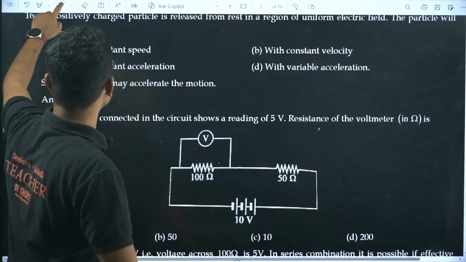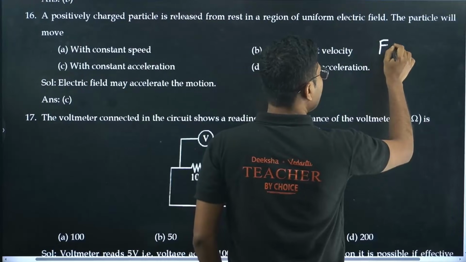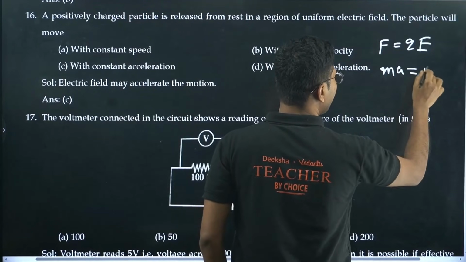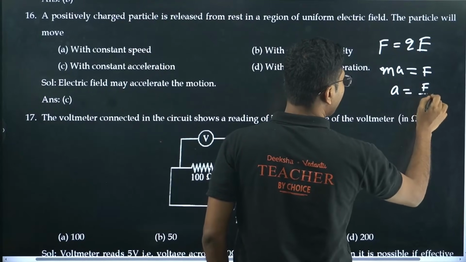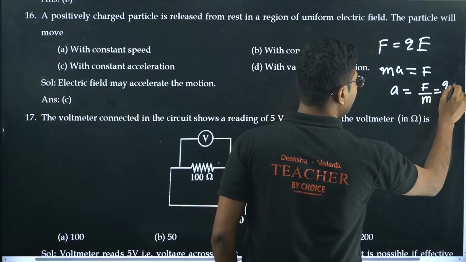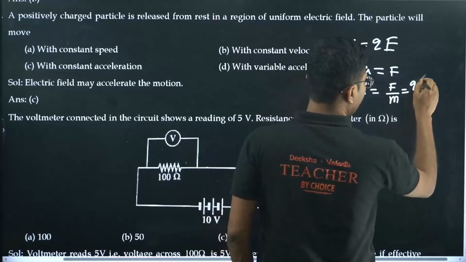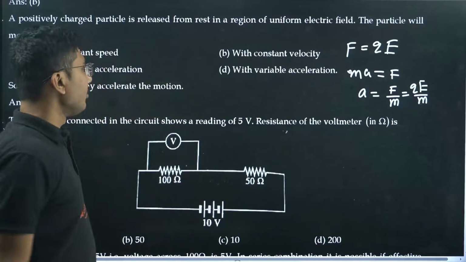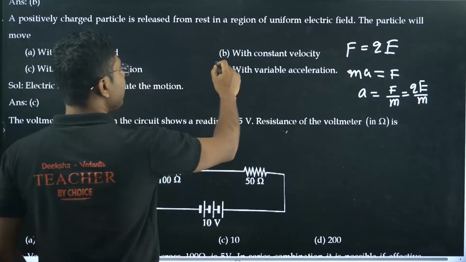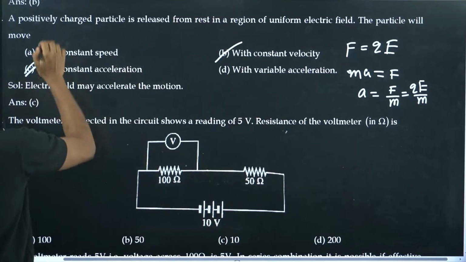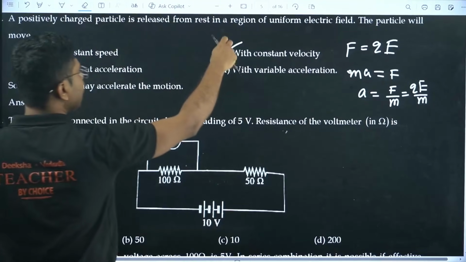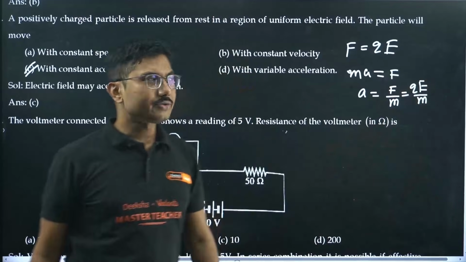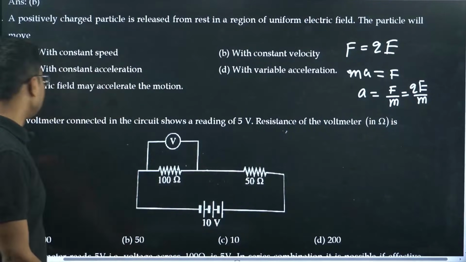Because a charged particle experiences a force F given by Q into E. So M into A equals F, and A is equal to F by M, or Q into E by M. So the charged particle will accelerate. It will move with a constant acceleration, not variable, because the electric field is uniform, meaning E is constant.